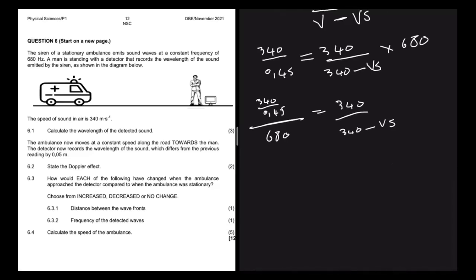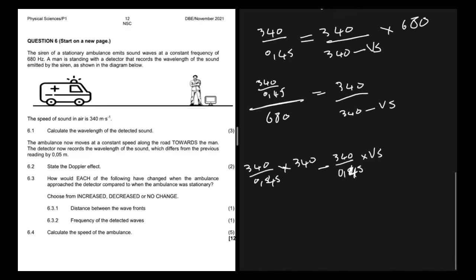I'll go ahead and cross multiply. I'll get 340 divided by 0.45 multiplied by 340, right? And then minus 340 divided by 0.45 multiplied by velocity of source, which equals 680 multiplied by 340.